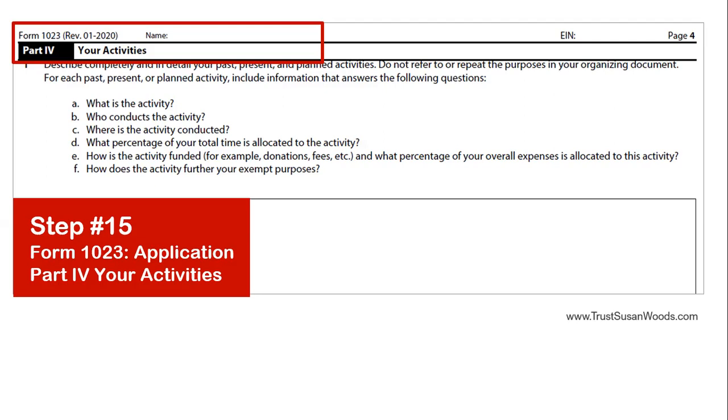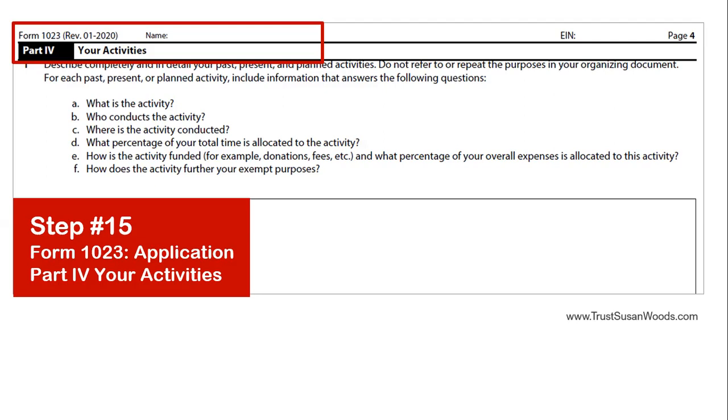Here, you would have 3 categories that will answer the same questions A through F. In the past section, what have you done in the past to operate this after school program? What is the activity? You would put the activity was operating a program for youth after school. B, who conducted the activity? C, where was the activity conducted? So on and so forth.